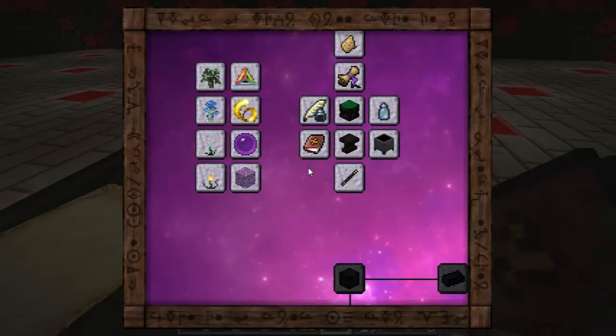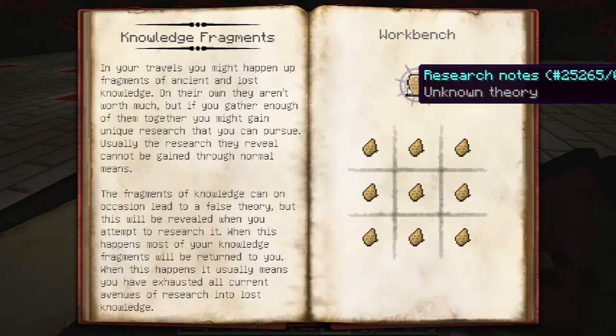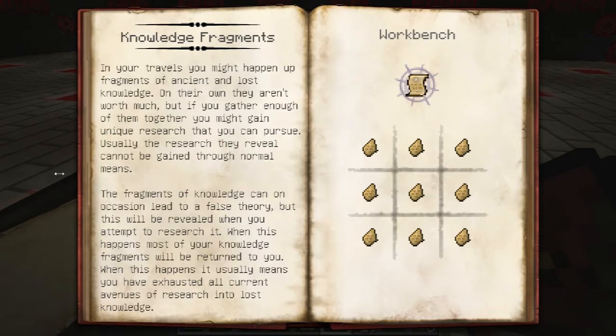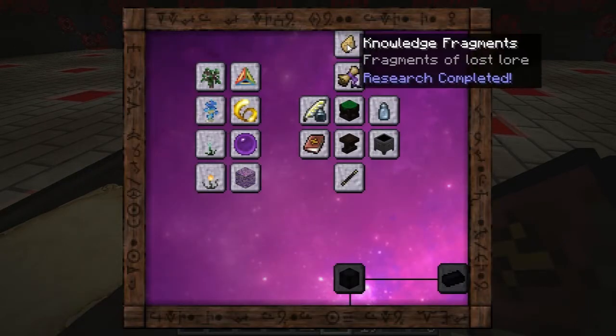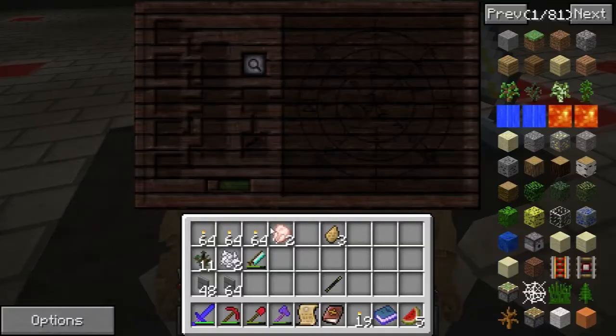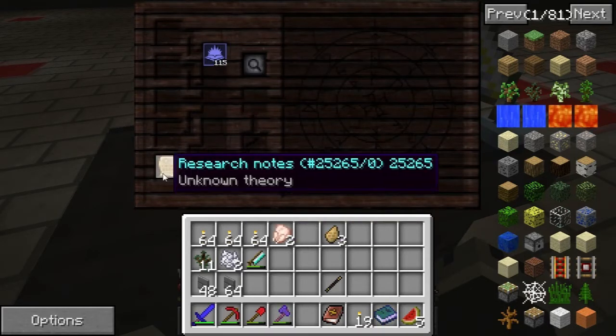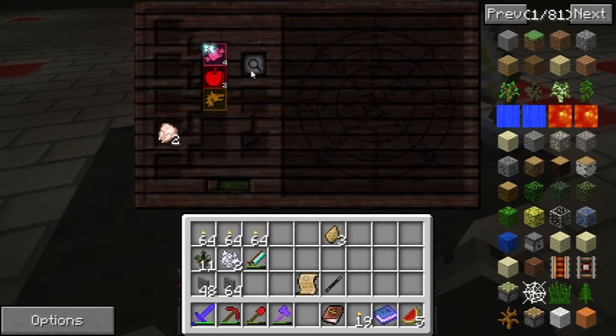How do I use... I'd assume I'd put it in a research table. Apparently not.